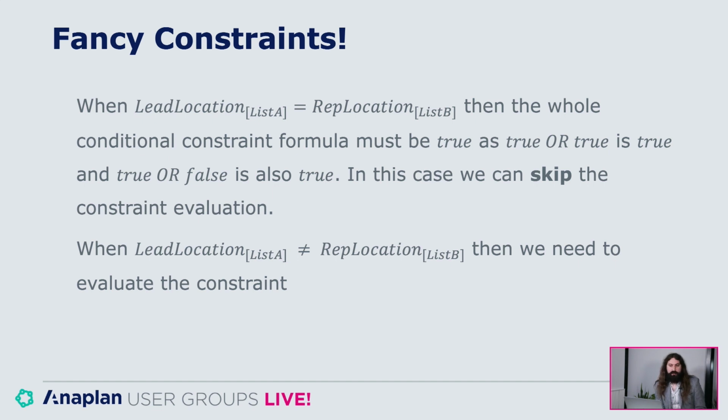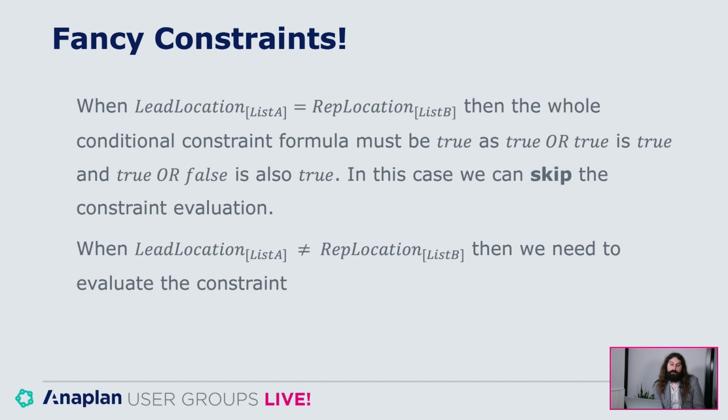So what does this actually mean? Well, if we break apart the Boolean logic, what we're saying is that when lead location equals rep location, then the whole conditional constraint formula must be true. So we don't need to check the other side. Because we can statically determine whether this is true or not, we can skip the constraint on the other side, because it doesn't matter what we set X to, it will always be true.